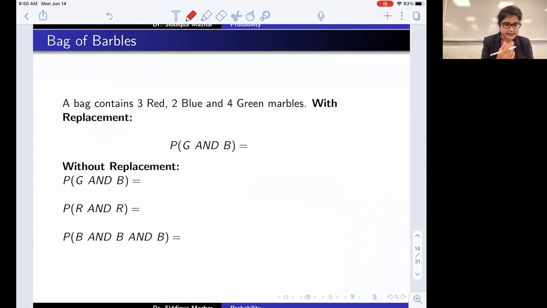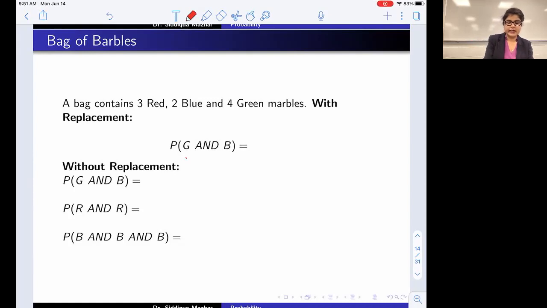A bag contains 3 red, 2 blue, and 4 green marbles. So the total number of balls will be 3 plus 2 plus 4, which is 9. If you are doing it with replacement, you are looking for the probability of finding a green ball and the probability of finding a blue ball.